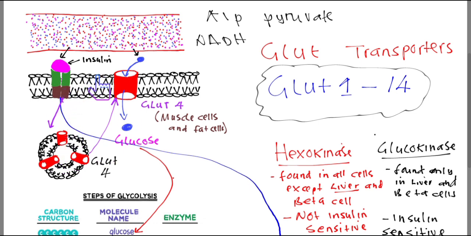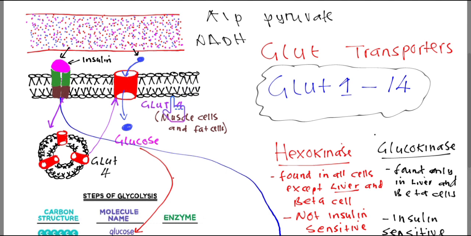You should know that we have a lot of GLUT transporters, from GLUT1 up to GLUT14. Each isoform of the GLUT transporters is found in specific tissues. For example, GLUT1 transporters are found in red blood cells. GLUT2 transporters are found in the beta cells as well as the liver cells.